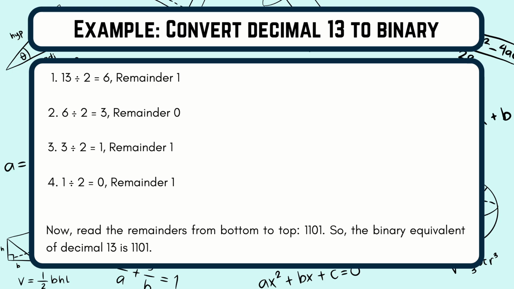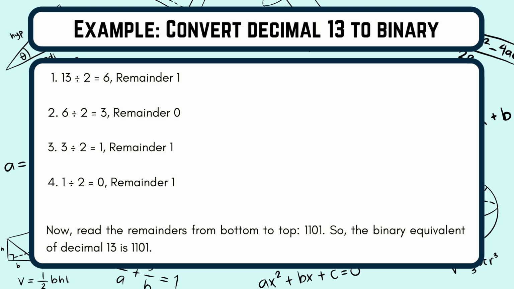So 3 divided by 2 again equals 1, and the remainder is 1. And the last one is 1 divided by 2 equals 0, and the remainder is 1. So now, read the remainders from the bottom to top, just like the description says earlier.